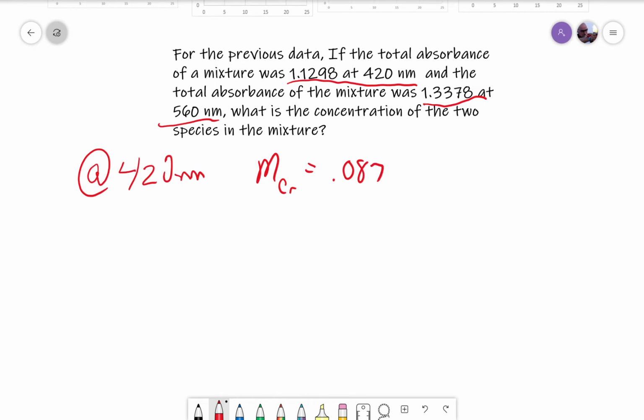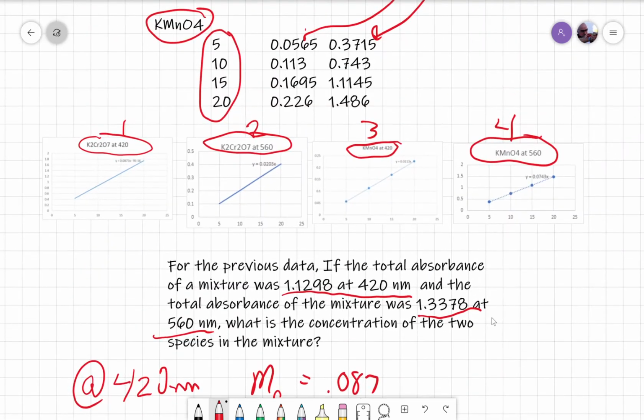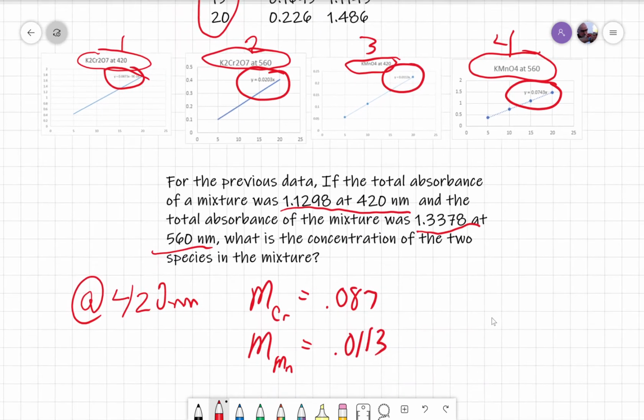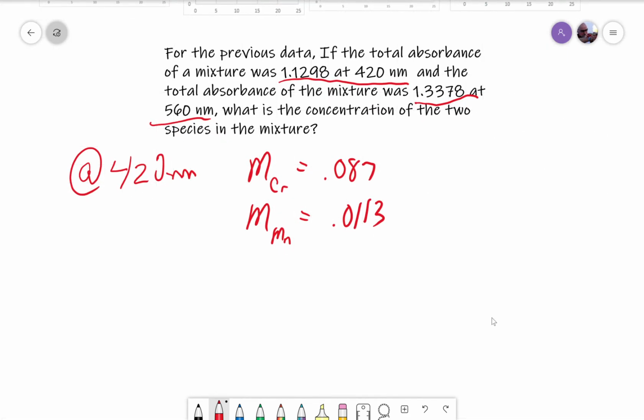And at 420, the slope of potassium permanganate is 0.0113. This comes from these two plots. We have the slopes because we have the equation of the lines for all of those standard plots. At 420, the potassium dichromate absorbs 8 times stronger than the potassium permanganate.